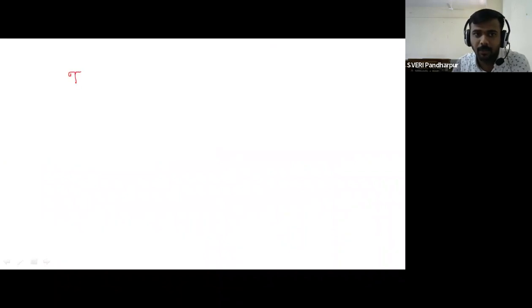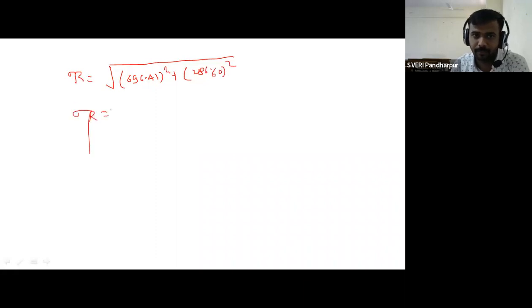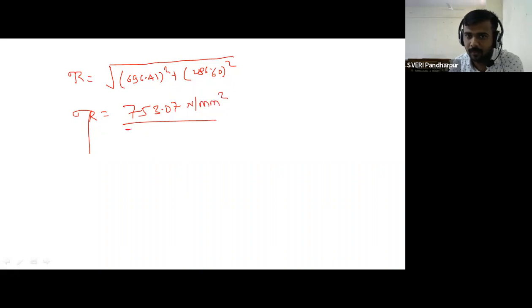So sigma r is equal to square root of sigma n square plus sigma t square, that is, (696.41) square plus (286.60) square, which is 753.07 Newton per mm square. Okay, so this is sigma r.